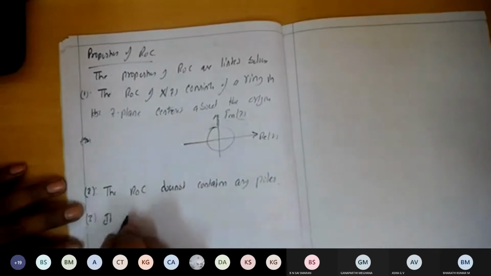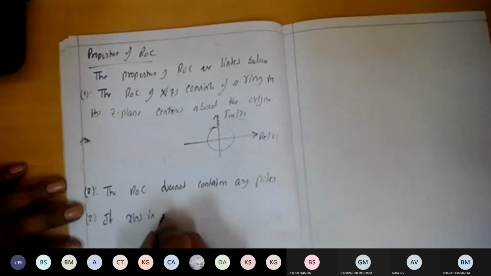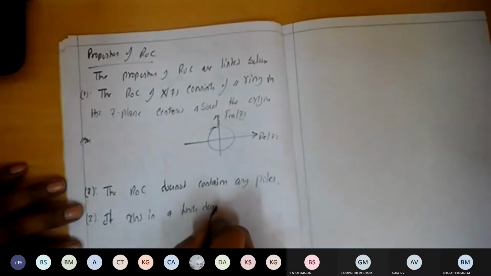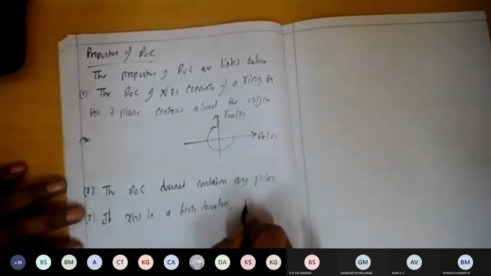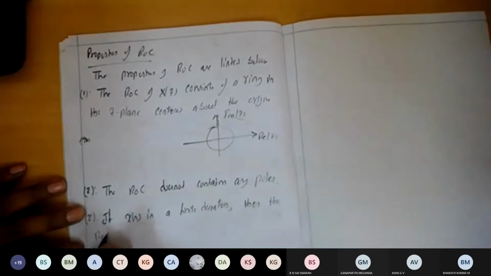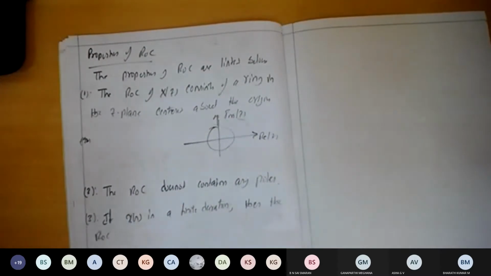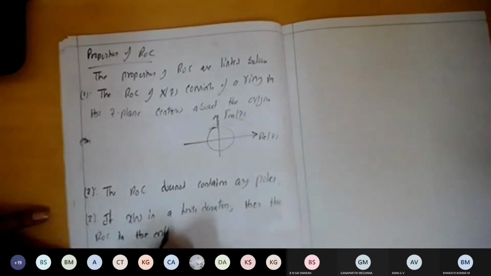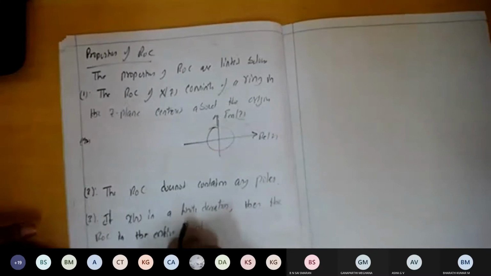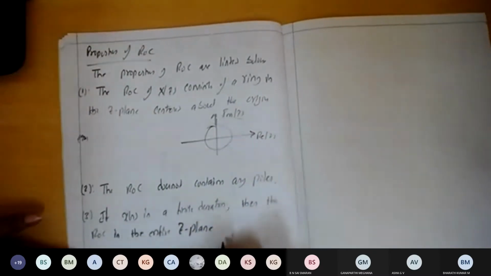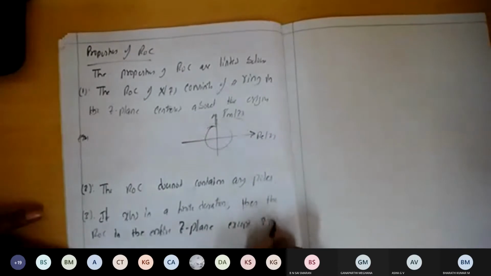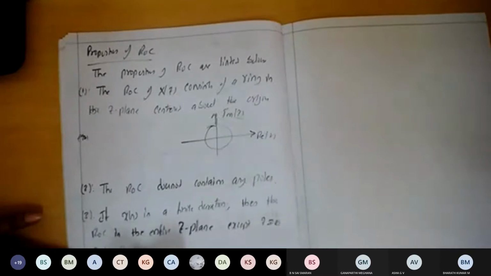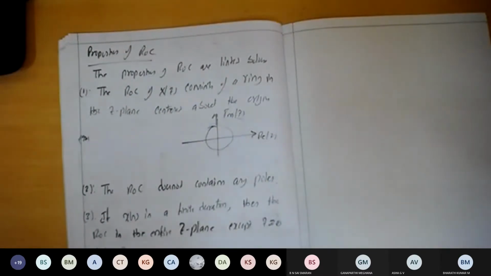So you can take, if x of n is a finite duration sequence, then the ROC is the entire z plane, except z is equal to 0 and z is equal to infinity.